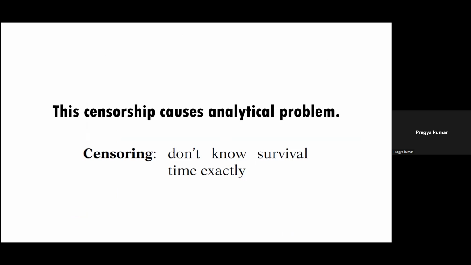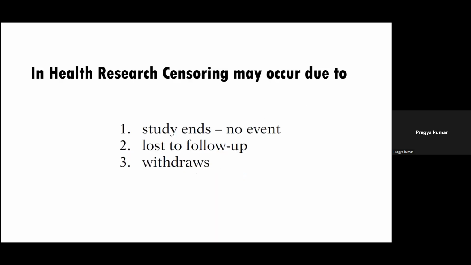Because in censoring, we do not know the exact survival time, because for the censored data we don't have the outcome, but we want to include the period till the time they were there with us.